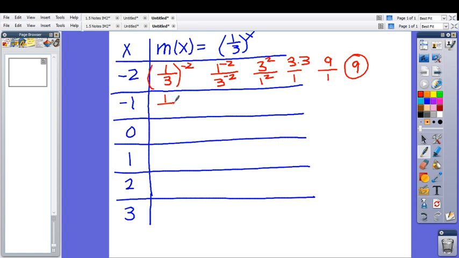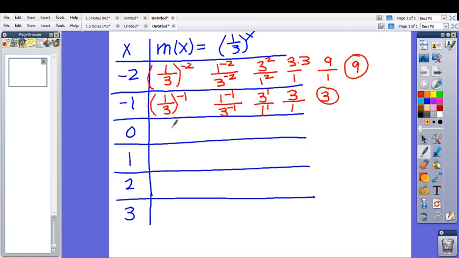Then we do 1/3 to the -1 power. Again, distribute your power to both of the values that are inside. Now we cannot do much about it, so flip it. Now 1 to the 1 power is 1, 3 to the 1 power is 3. Now this you can also rewrite as 3.